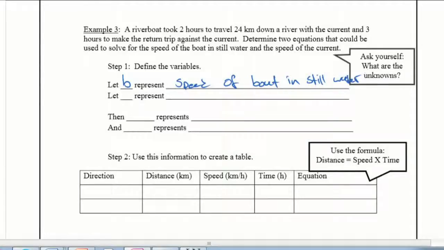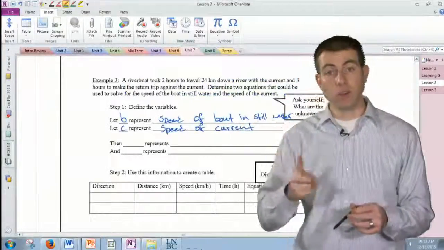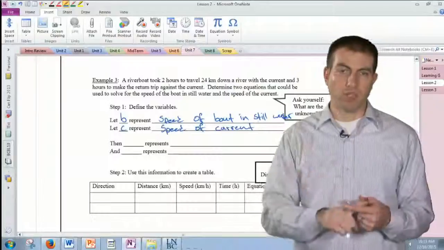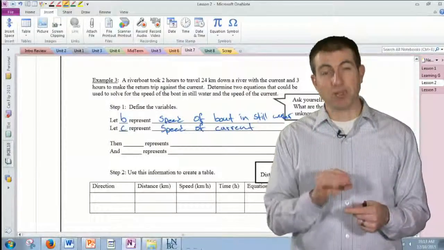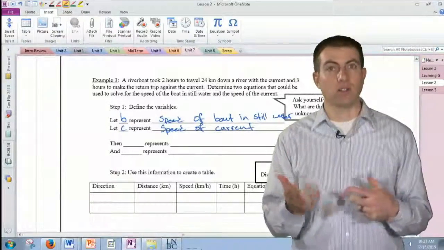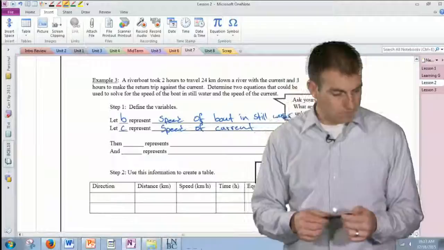And then we have C as speed of current. Okay, so we've identified the 2 things we're trying to find: the speed of the boat in still water and the speed of the current. We need to take the information we're given in the question and figure out a system of equations we can use to solve this.